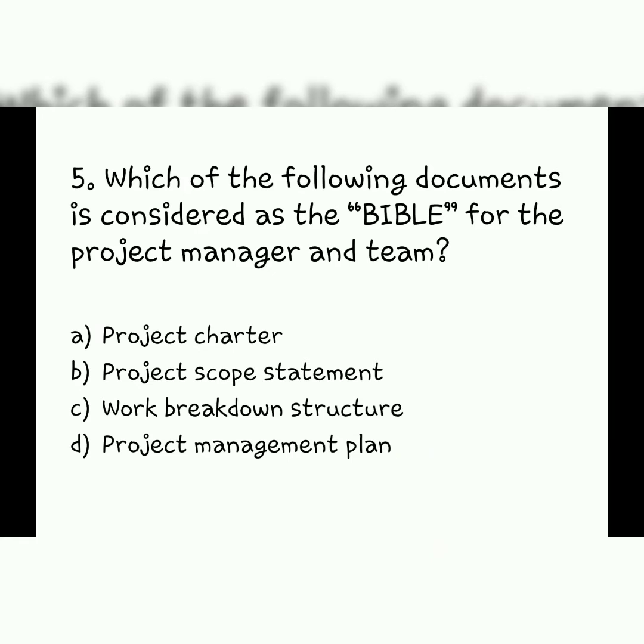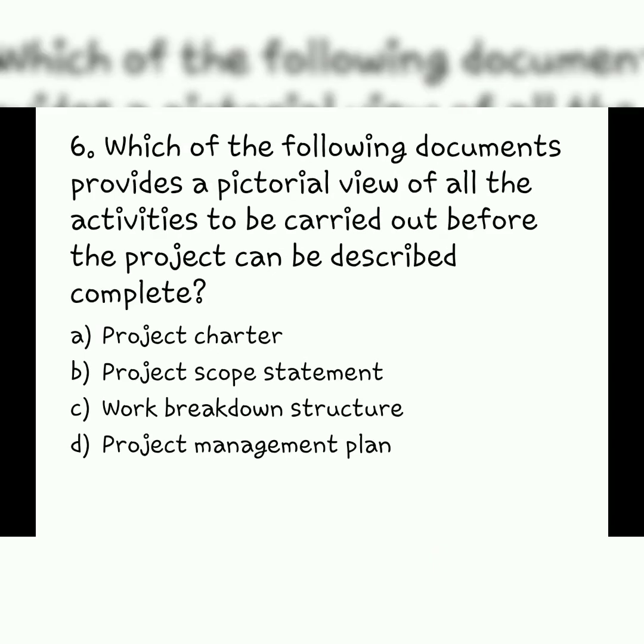Alright, so let's move to our sixth question. And it reads like, which of the following documents provides a pictorial view of all the activities to be carried out before the project can be described complete? Is it a project charter, project scope statement, work breakdown structure, or project management plan?